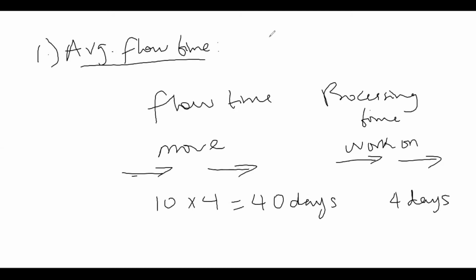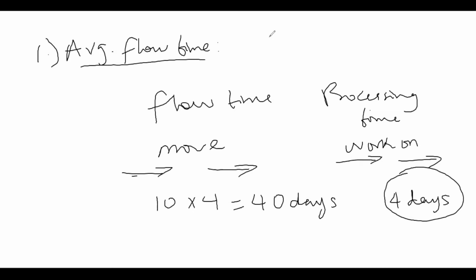So the total processing time of fixing my iPad is actually just 4 days because that's how long they will spend working on it. But the total flow time of my iPad is however long it spends in the system, which is slots. It's going to wait for 40 days before being fixed for 4 days.